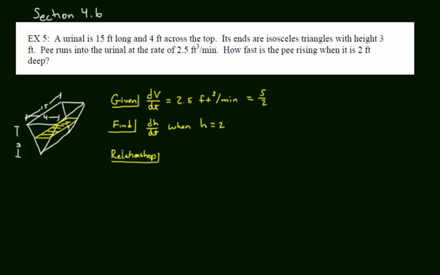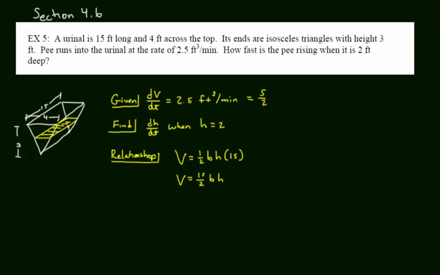So the relationship is going to be the volume of the pee taking on the shape of the container. So we have a triangle times its depth, if you will. So the volume is going to be 1/2 the base times the height times the depth of this thing, which is 15. So let me just write that as 15 halves base times height.